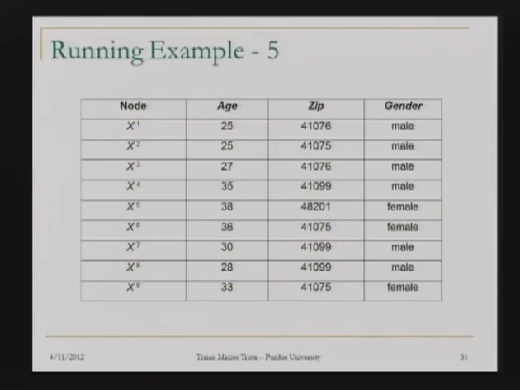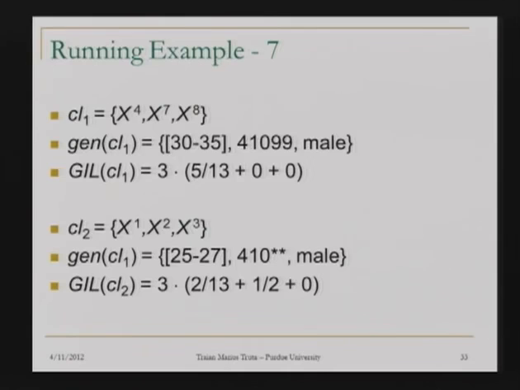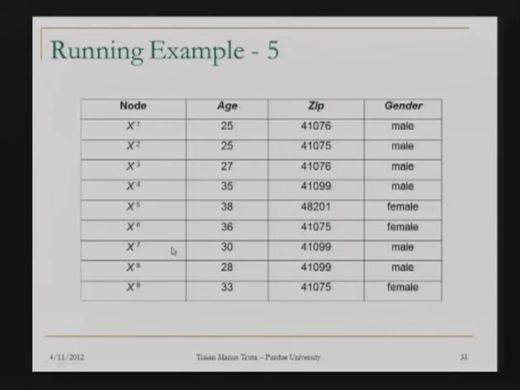But let's look at the example, again going to the previous example. We have x1, x2, and x3 in a cluster. So we want to generalize the value of ages. Between 25 and 27, we create this masked graph. So x1, x2, and x3 is actually the second example here. We have values 25, 25, 27.